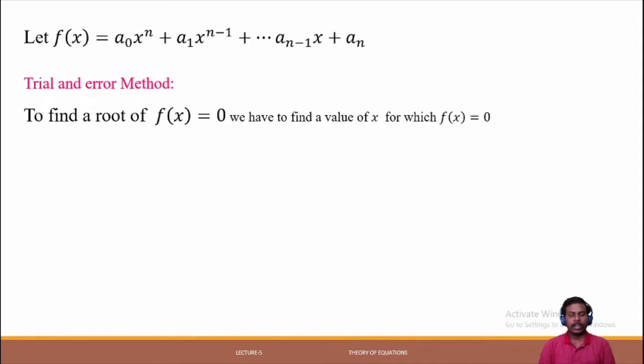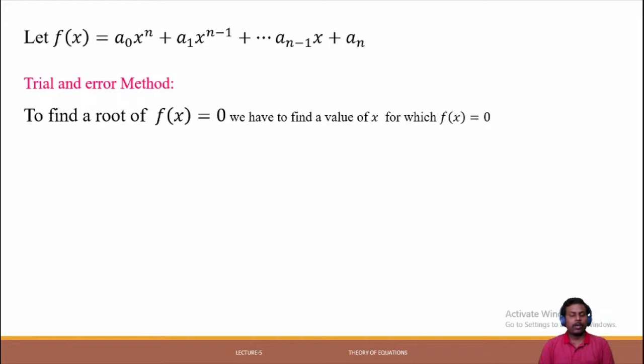In this trial and error method, first you come up with some number alpha, be it real or a complex number, and you claim that it is a root. Now you check whether it is a root of the polynomial equation f of x is equal to 0 or not.